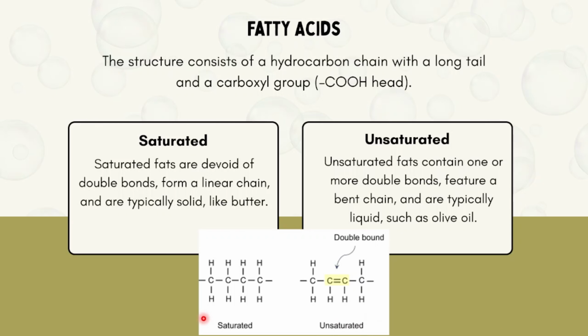So you can see the structure of a saturated hydrocarbon. This is basic chemistry, anyways. And unsaturated fats contain one or more double bonds and they tend to feature a bend in their chain. They are typically liquids at room temperature, just like groundnut oil, olive oil, and whatever cooking oil you can think of. So this is the structure of how the double bond looks.